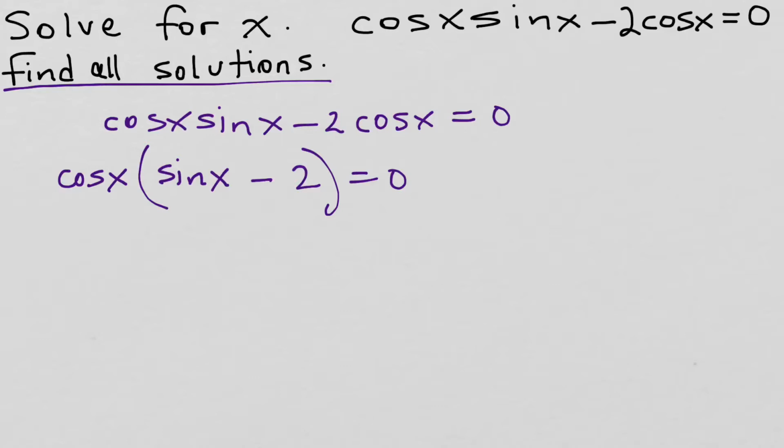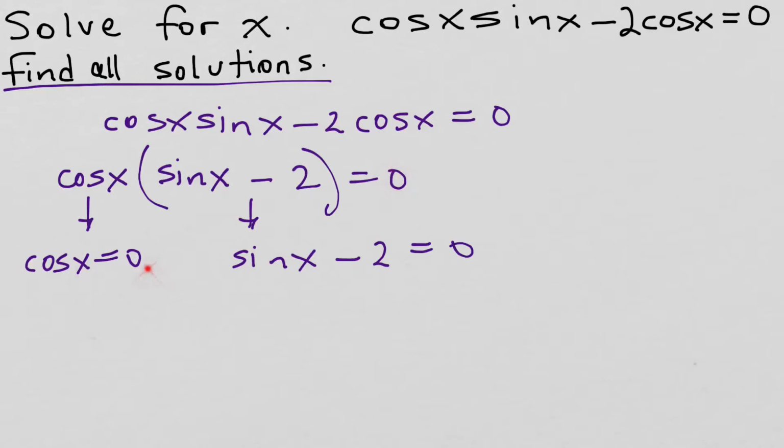So if I set my factors equal to 0, like this, each of these factors I'm going to set equal to 0, I can find out that if this factor is equal to 0, then 0 times whatever this happens to be, no matter what it is, is going to be 0. You're going to get a true solution.